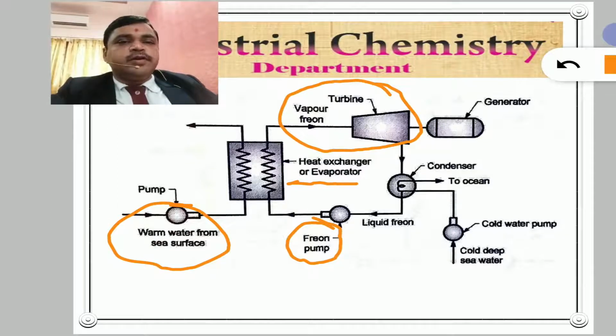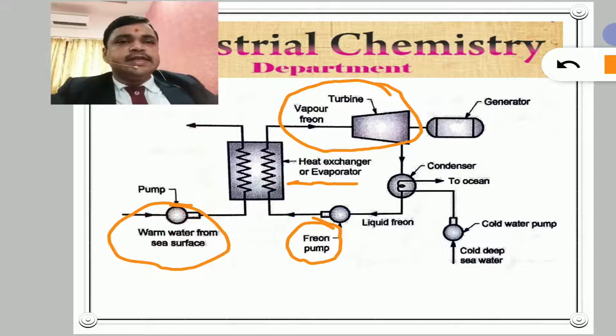Warm water from the sea is taken into the heat exchanger, and then freon gas or refrigerant is passed into the heat exchanger. Here heat is exchanged between warm water and freon. So freon is converted into vapor which is transferred into the turbine.